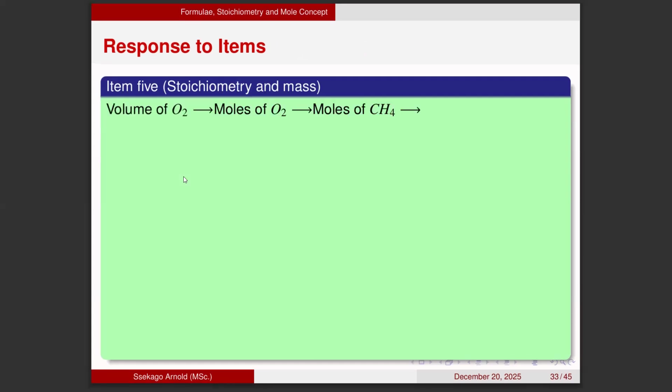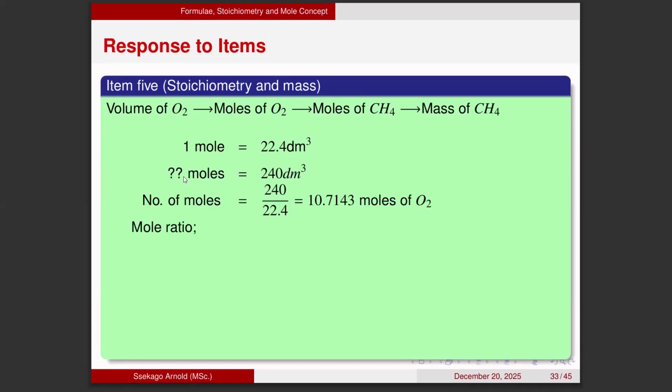As a result, we shall have 2 moles to 1 mole. Then what of the 10.7143?